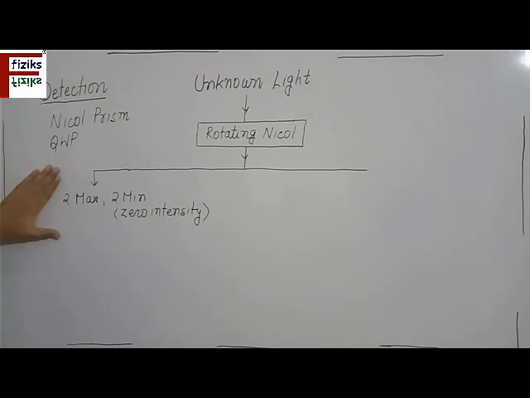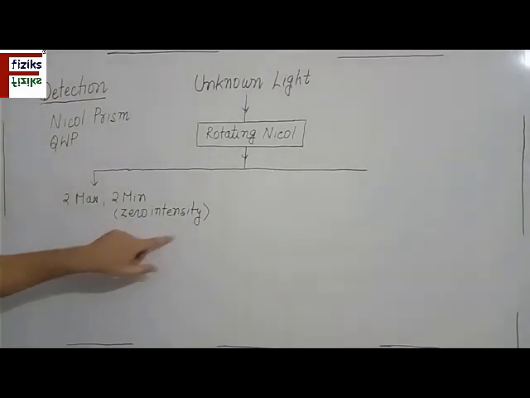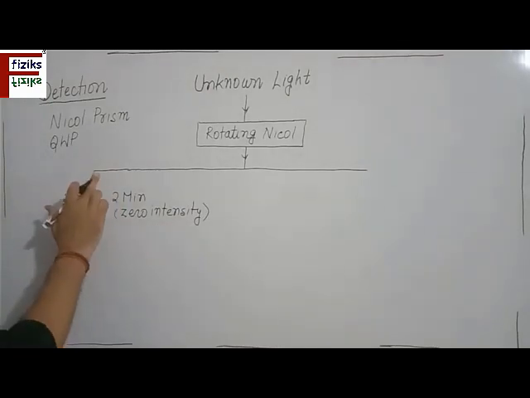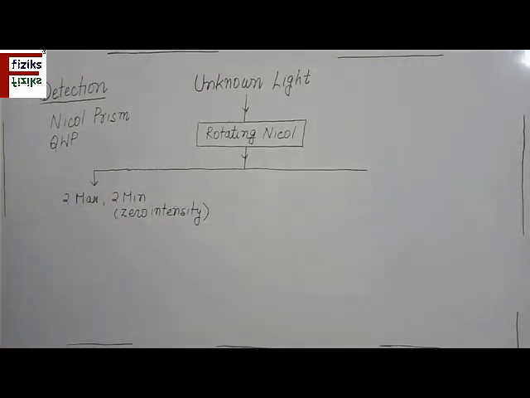So first condition is, through the rotating Nicol in one cycle, on the emergent side we can have two maxima and two minima of intensity, and here this minima will be with zero intensity. So at the position where intensity is minimum, at that point intensity becomes zero. So this is the first case when on the emergent side we have two intensity maximas and two intensity minimas where intensity is zero.